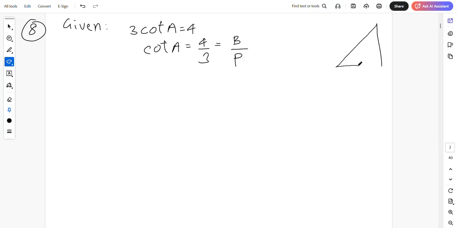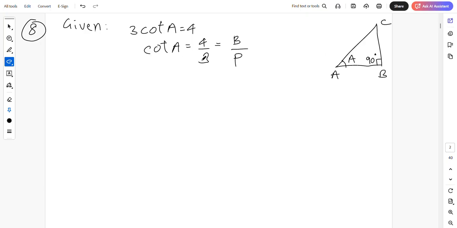Since they have given A here, I will take the triangle as ABC. This is angle A, and this is the right angle at B, 90 degrees.